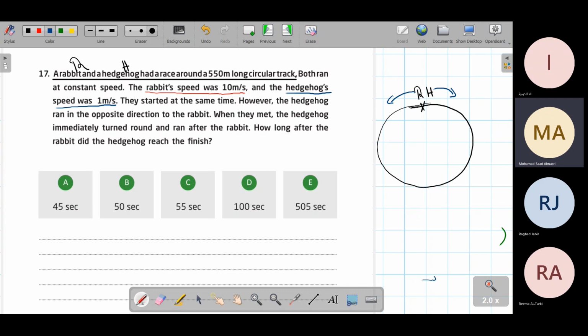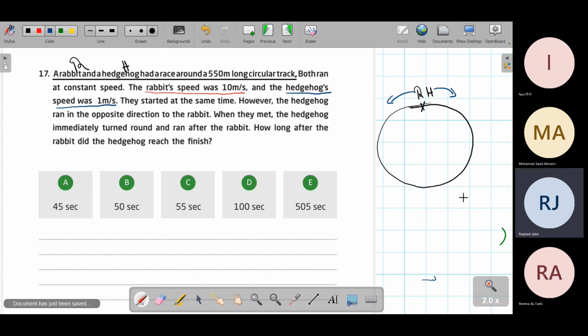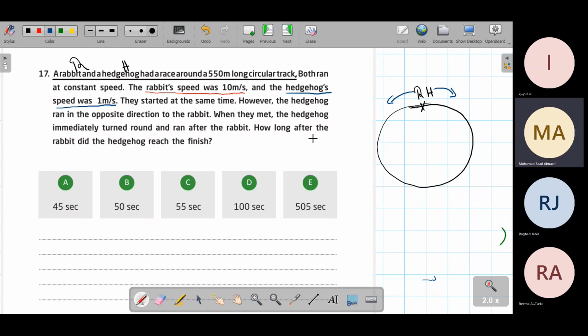When they met, the hedgehog immediately turned around and ran after the rabbit. This is very important. So when they meet, I need to know where they will meet.